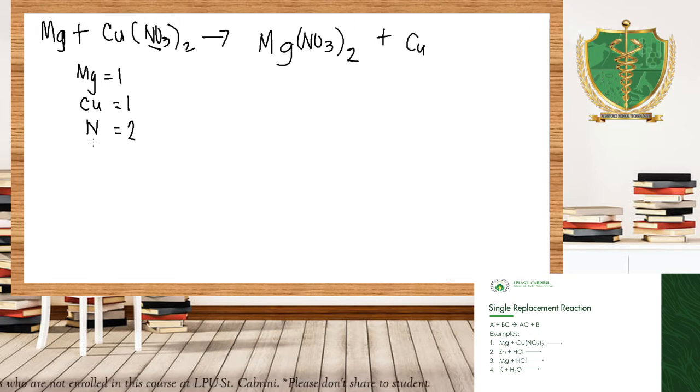Okay? How many oxygen do we have? If your answer is 3, again, you may go to sleep. But if your answer is 6, you are right. You will pass. 3 times 2 is 6. Okay? How many magnesium do we have in our product? 1. Copper, 1.